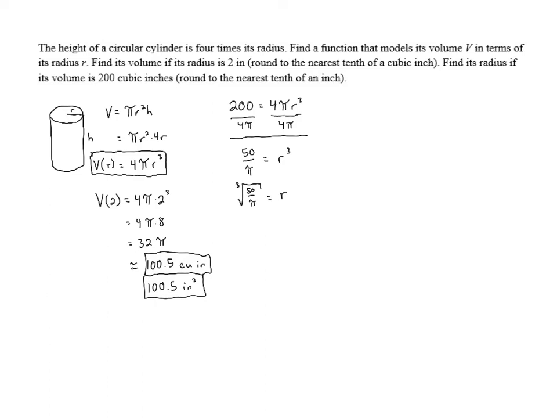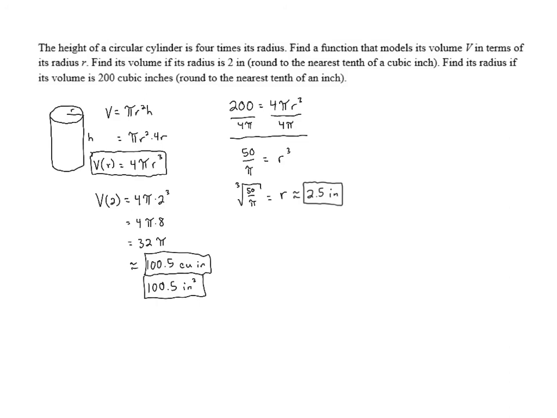So we can use a calculator to get an approximation for this. And when we do that, we can see that the radius is going to be approximately 2.5 inches. So that is our approximation for the radius that gives us a volume of 200 cubic inches.